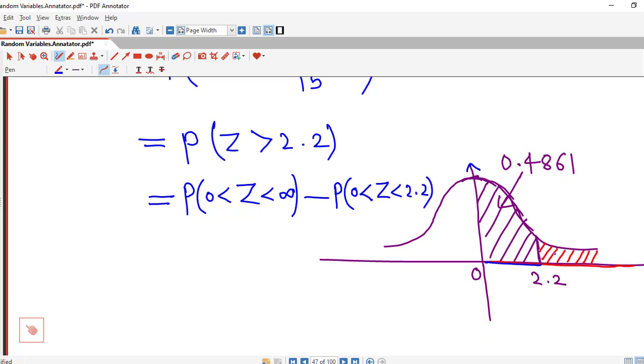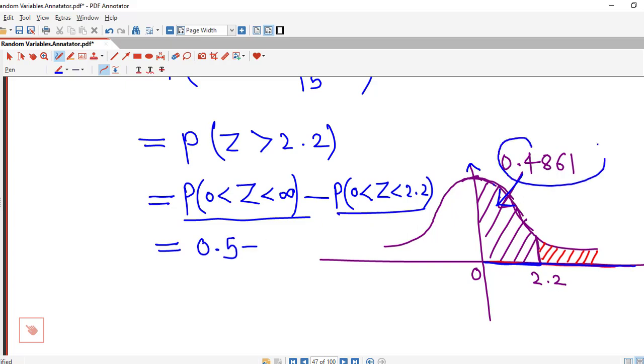So this area shaded by red lines is nothing but the total area to the right side of the y-axis minus the area between 0 and 2.2. Now the total area to the right side of the y-axis is 0.5, and this area is given as 0.4861. If you subtract this, you will have 0.0139.